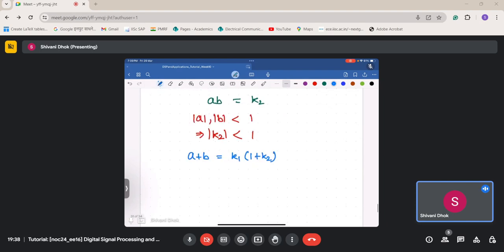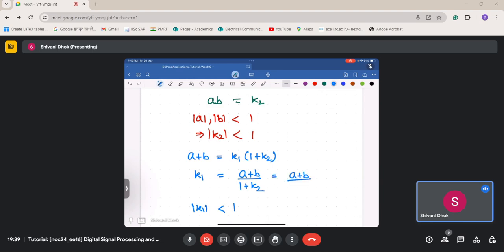Then I can write k1 equal to a plus b upon 1 plus k2. So now this k2 can take maximum value as 1 or close to 1. So the denominator can be at most 2, and in a similar way the numerator can also be at most 2. So equivalently the magnitude of k1 will also be less than 1. For checking, you can just try the extreme cases and substitute the values and check for all the values of a and b.